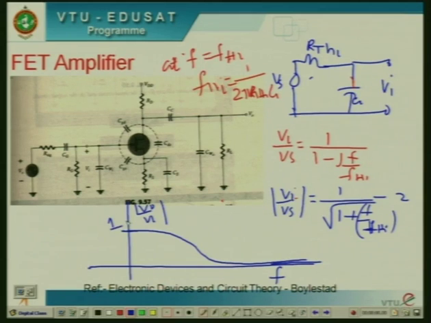Now, if you set f equal to fHI, at this frequency fHI, the magnitude of Vi by Vs is nothing but 1 by root 2.